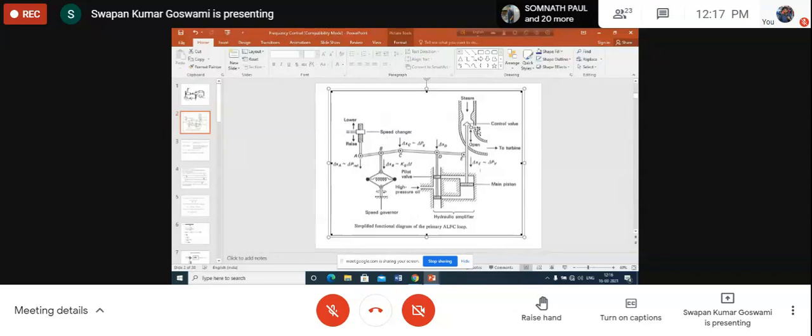It will be equal to synchronous speed. Then again it will be below synchronous speed. That means again there will be some movement of B depending upon the speed of rotation of these fly balls. Let us now focus on the initial oscillations only. Initially, after giving a power increase command by lowering the position of A, what happened?